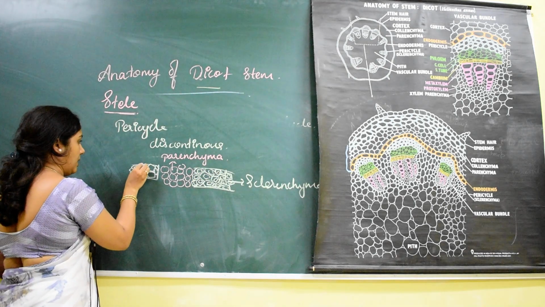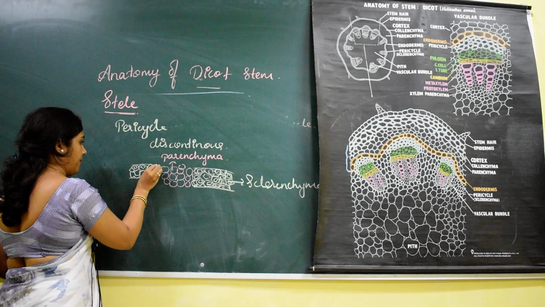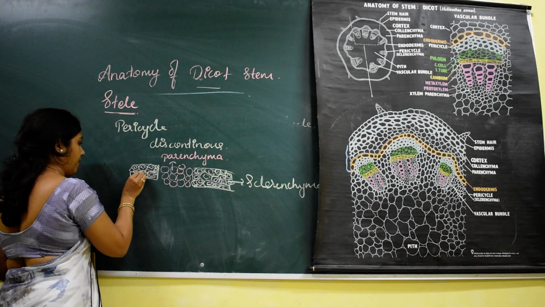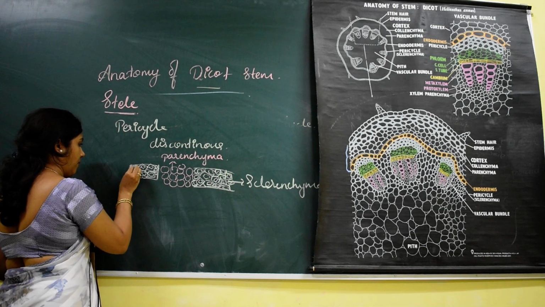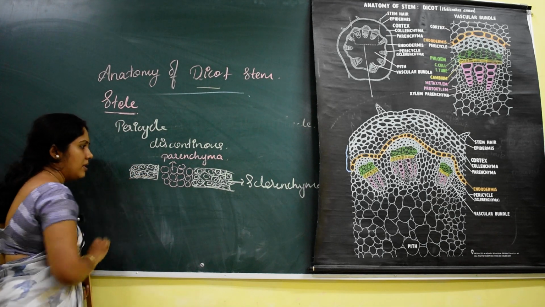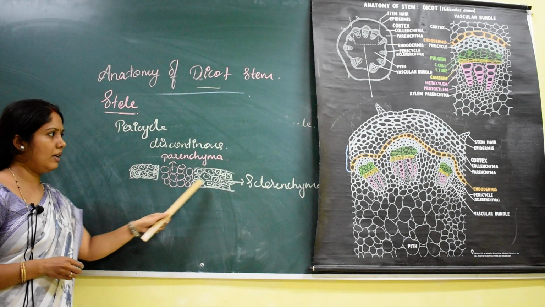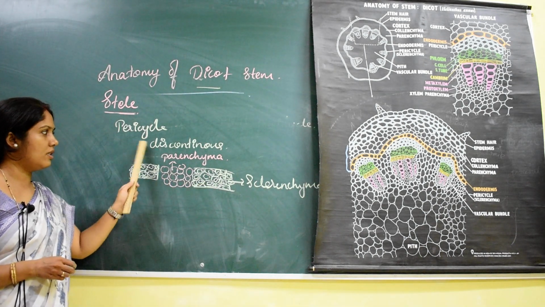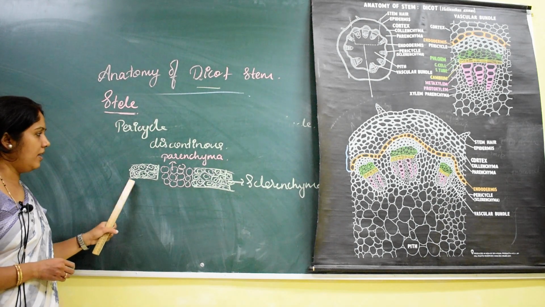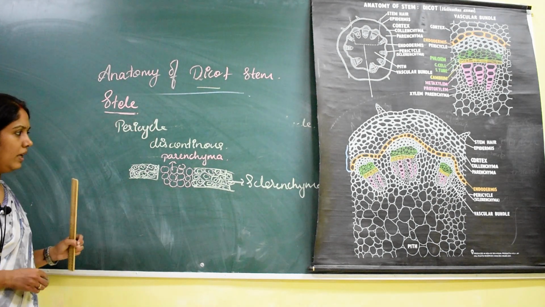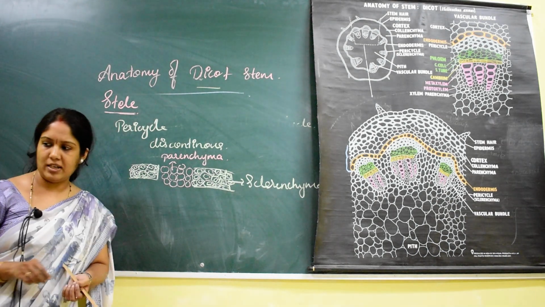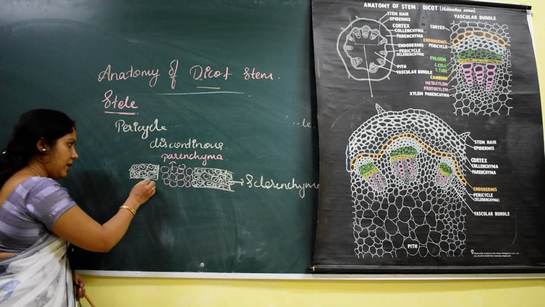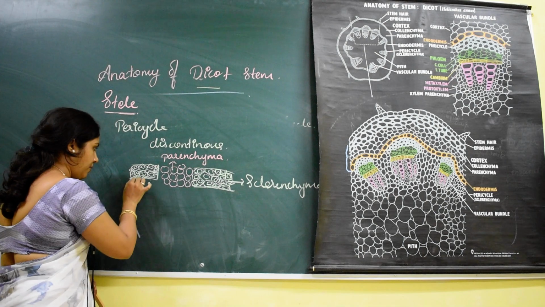This is sclerenchyma. So see, the sclerenchyma is not continuous. In between you can see parenchyma tissue. Hence it is discontinuous. And the sclerenchyma is present above the vascular bundle. This is the vascular bundle.